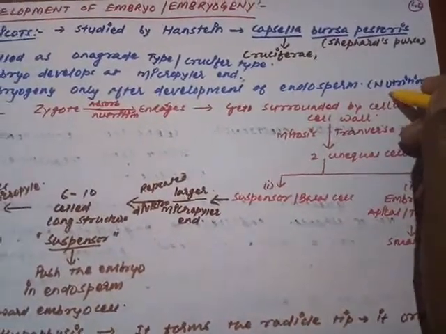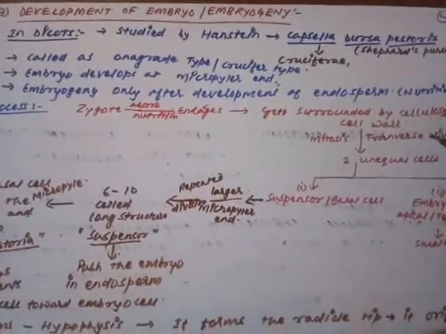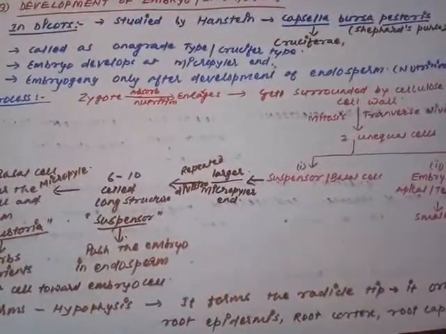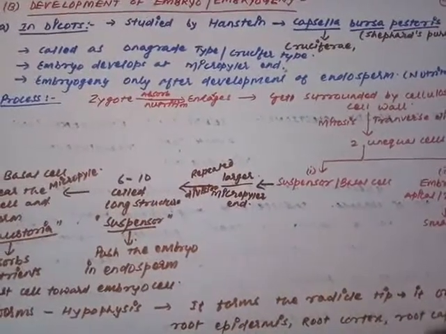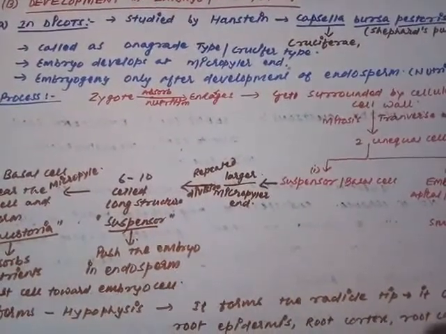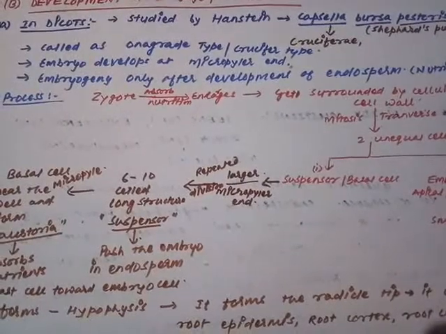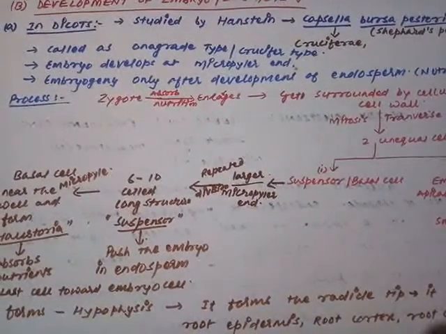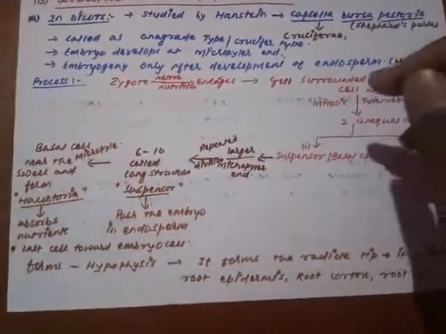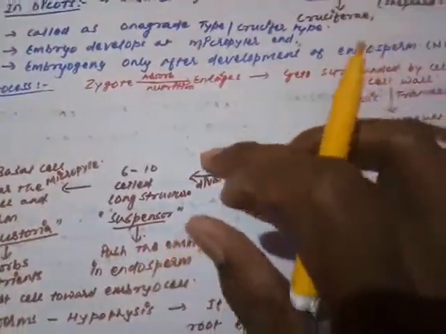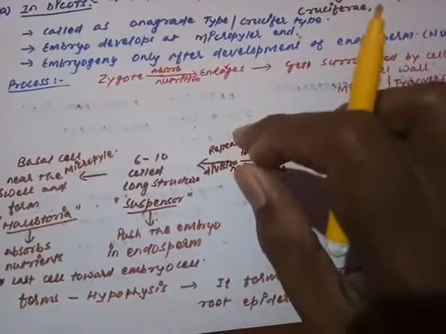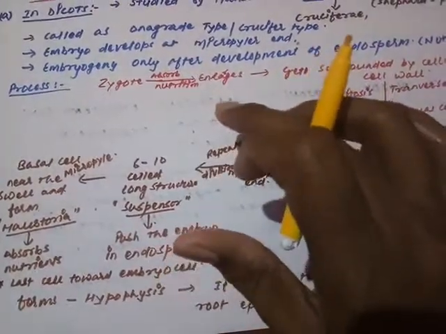It provides the nutrition or energy for the process of embryonic development. So let us see how embryonic development occurs in the dicot embryo. I'm going to make it clear with the help of a flowchart, and later we'll observe the process with the help of a diagram also.